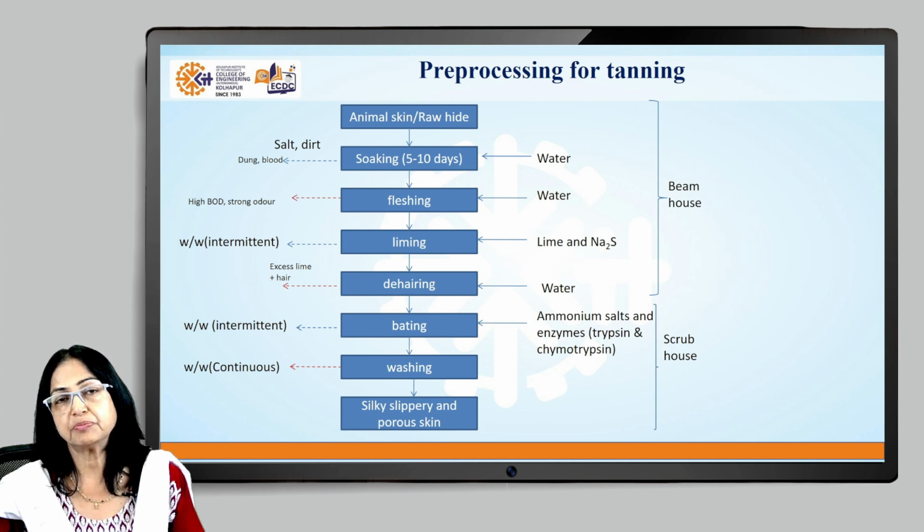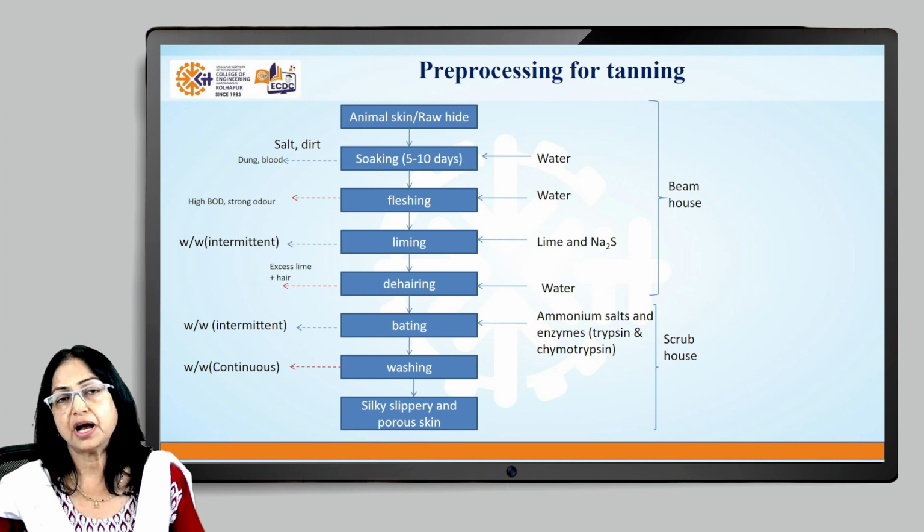So the skin is subjected to the next process called bating. Here the skin is treated with ammonium salts and the enzymes trypsin and chymotrypsin, and these enzymes reduce the swelling induced by lime. It also imparts a slippery and shiny surface to the skin.